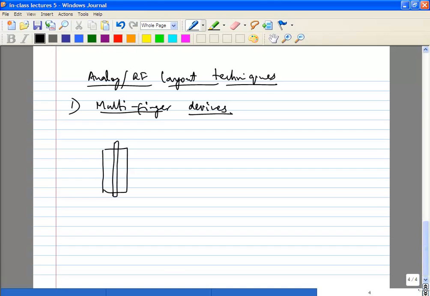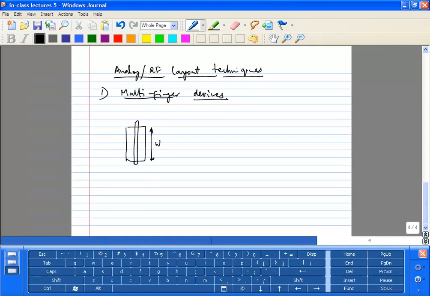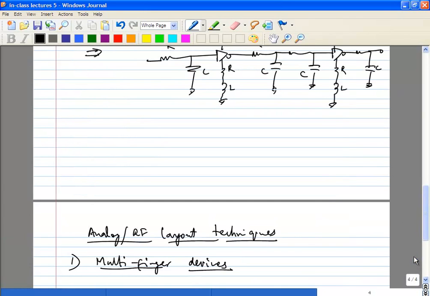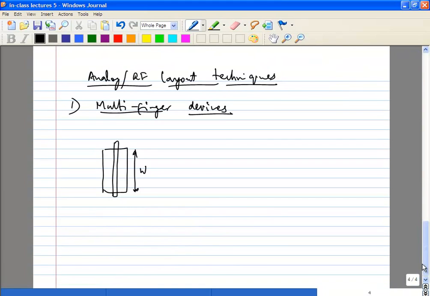So let's take a single transistor of width W, and let's say we are going to call this dimension E. Okay, for now you will see why, because that's actually quite significant.